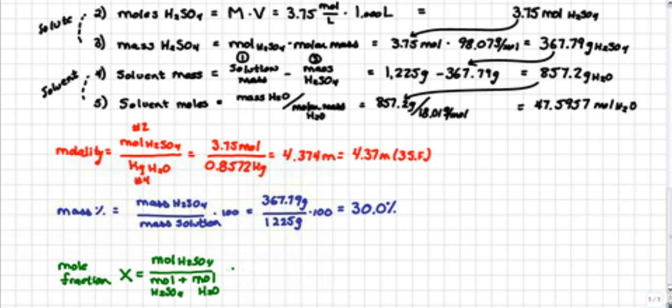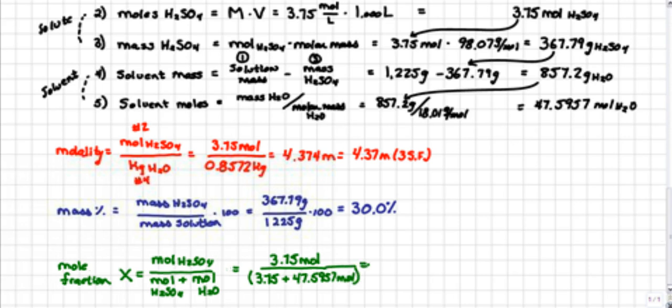We have the moles of sulfuric acid calculated from step number, what would that be? Step number 2, I guess. Okay, so we've got 3.75 moles of sulfuric acid, and then we would divide by the combination of the sulfuric acid moles, 3.75, plus the 47.5957 moles of water.